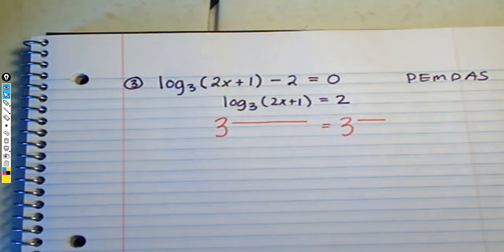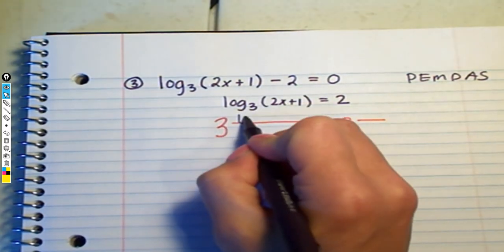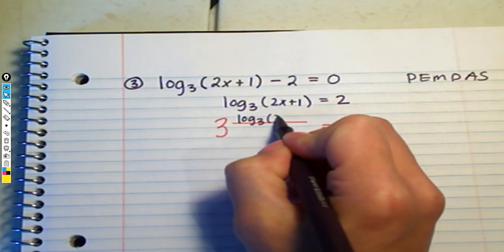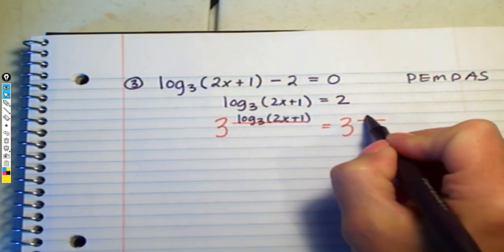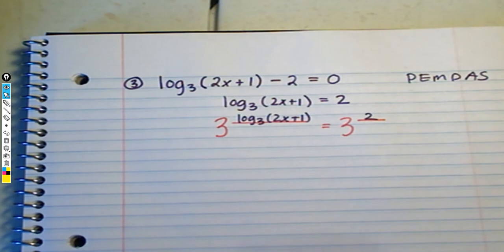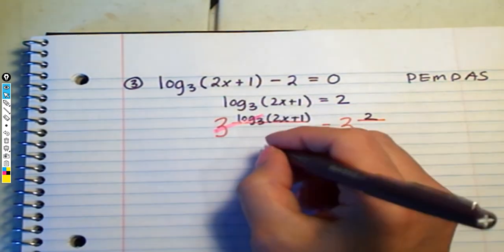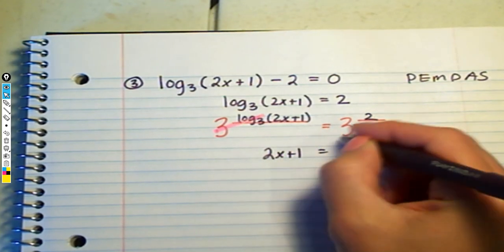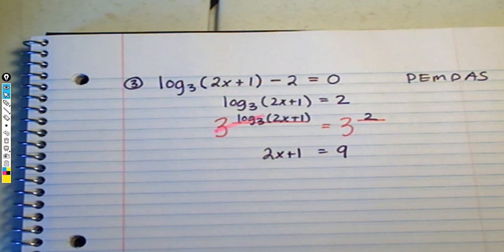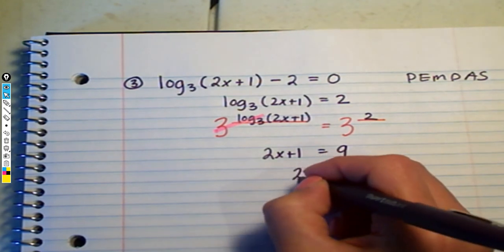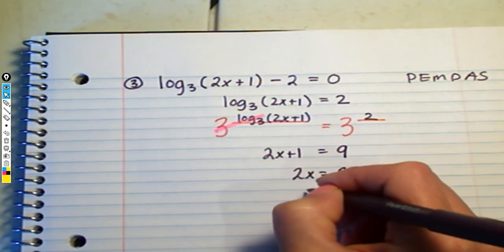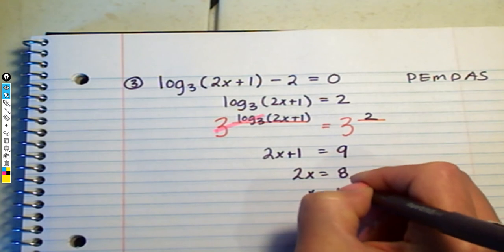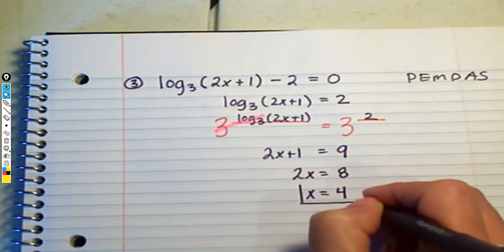Whatever was there, that's what's going to become the exponent. My inverse property tells me, swoop. And we end up with 2x plus 1 equals 3 squared, which is 9. So 2x equals 8, x equals 4.